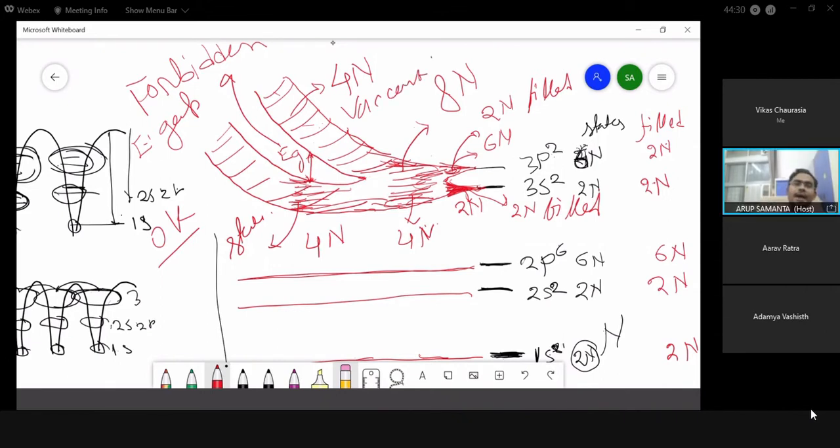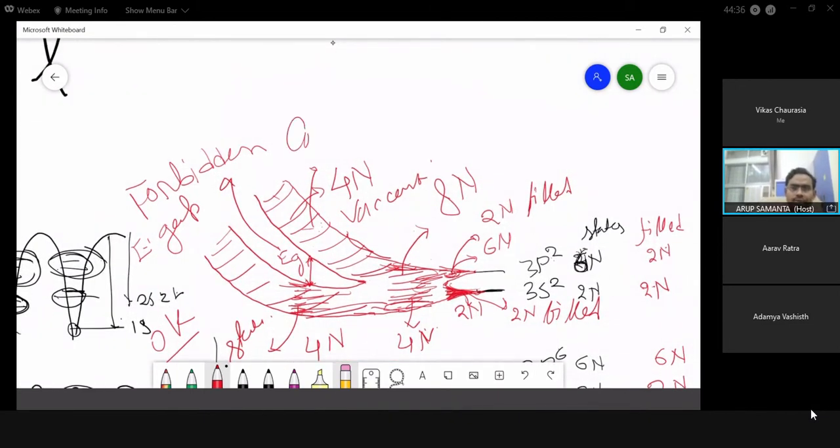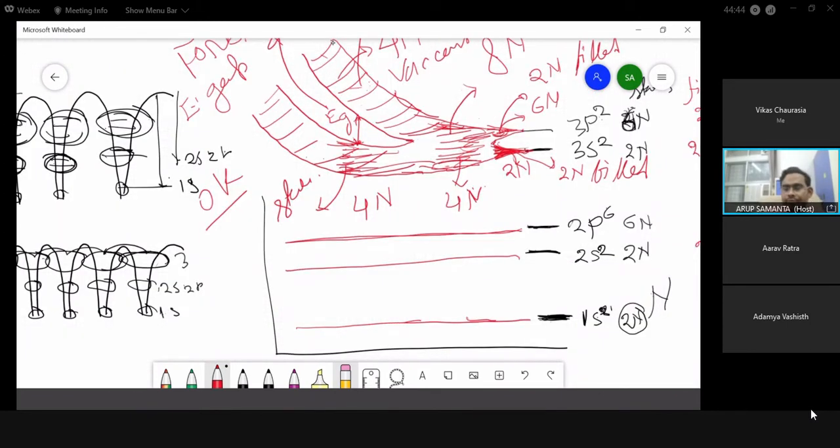This upper 4n state we call the conduction band. And the lower part, whose states are fully filled by electrons, we call the valence band.